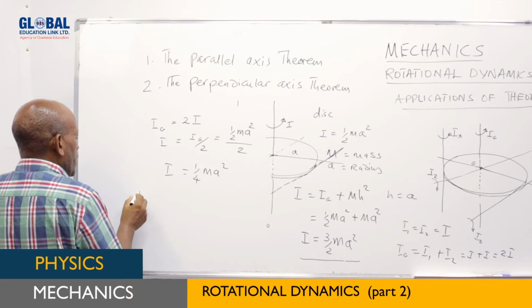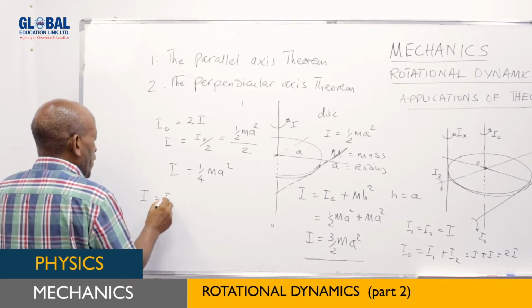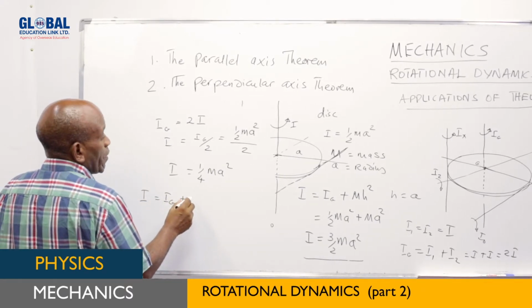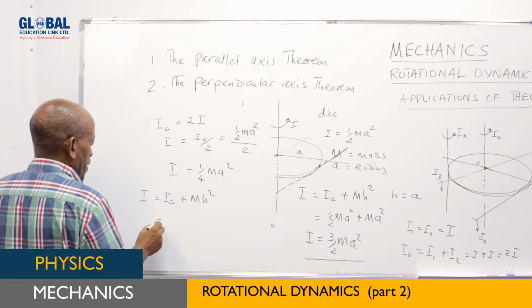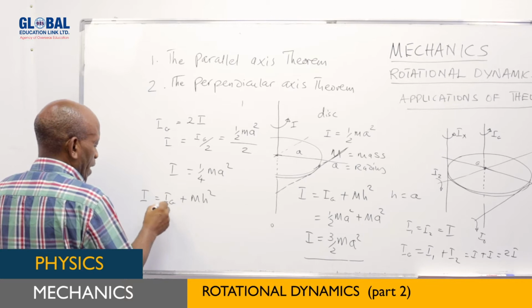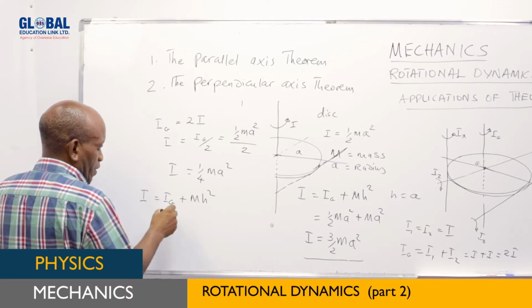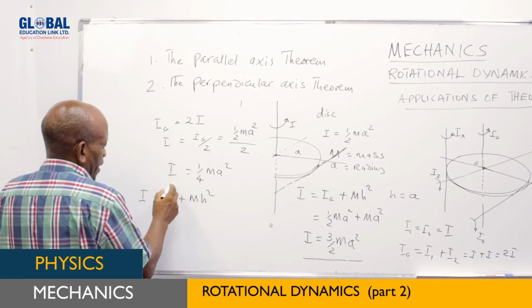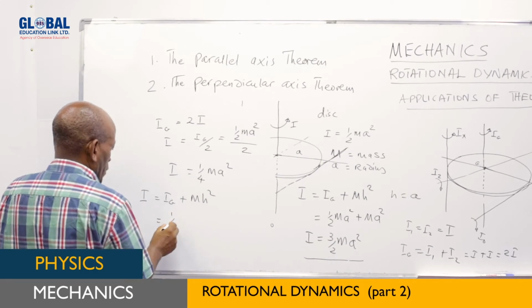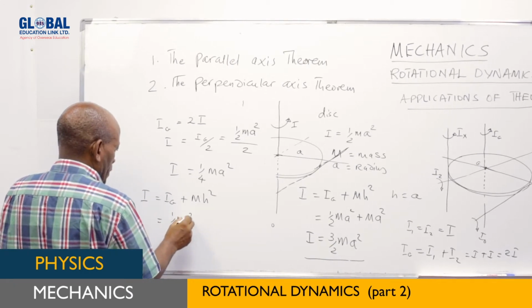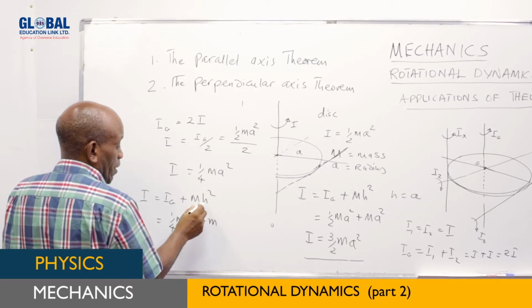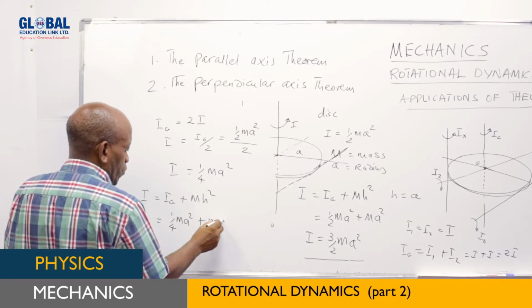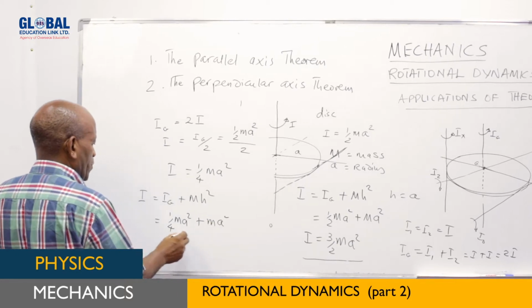So using the parallel axis theorem, I'm going to use this particular expression. The axis passing through the center of gravity over its plane will be equal to a quarter times mass times radius squared, plus m times h squared, where h is the distance separating the two parallel axes, which is equal to the radius.